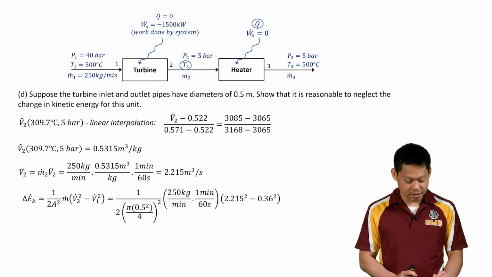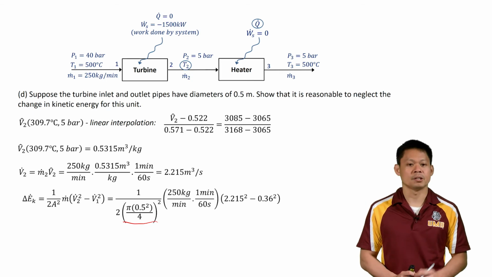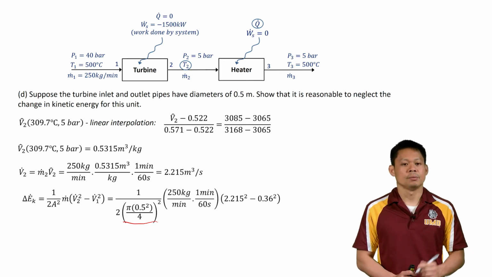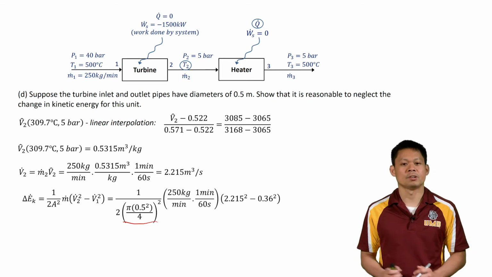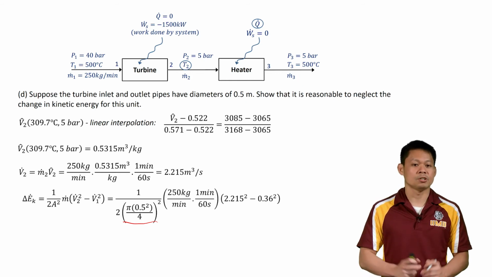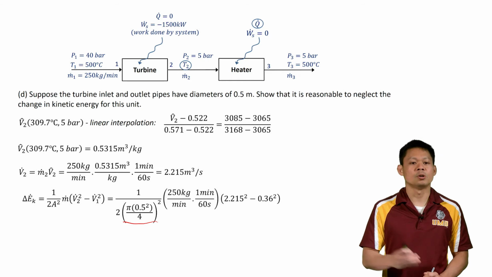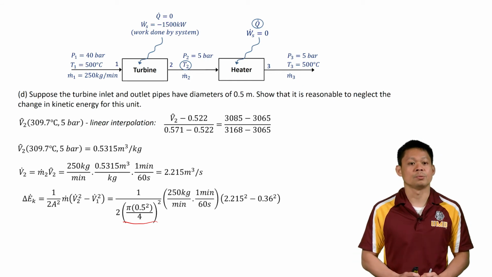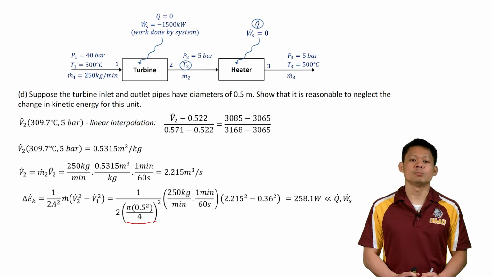We have everything. We have the cross-sectional area of the pipe because we know the diameter of the pipe. We have the mass flow rate. We now have the volumetric flow rates. As long as I keep everything in SI units, which is what I'm doing down here, I know my answer is going to drop out in SI units, so I'm going to have joules per second or watts. And I end up with 258.1 watts.